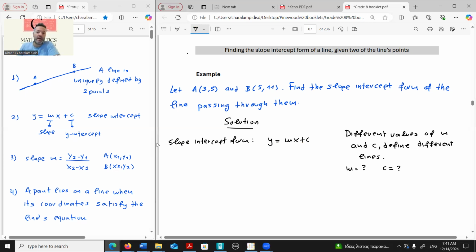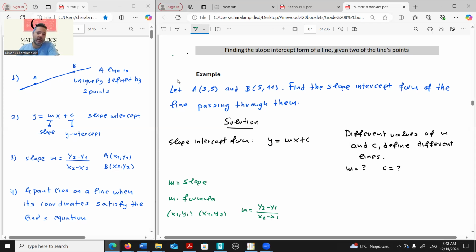Let's start with m. M, as we know, stands for the slope. And as we know, for the slope, we have a formula which says that given 2 points x1, y1 and x2, y2, the slope is y2 minus y1 over x2 minus x1.